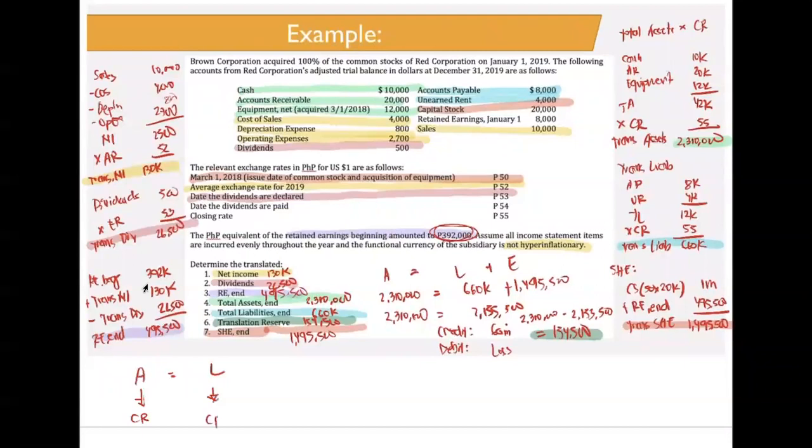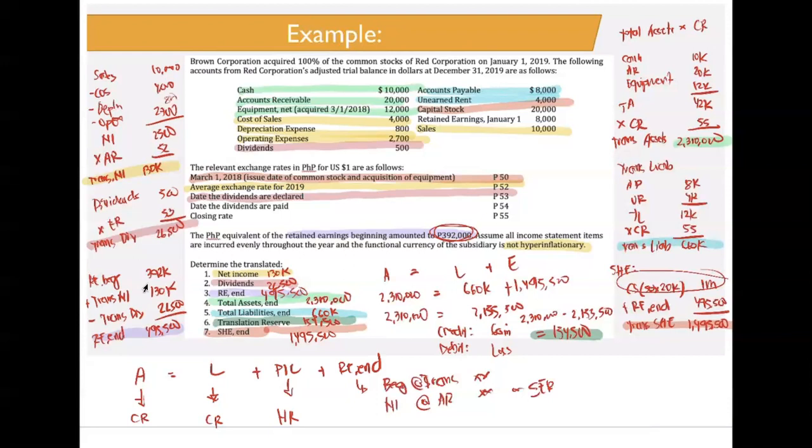Liabilities will be translated at closing rate, plus paid in capital, which will be translated at your historical rate, plus your retained earnings ending: your beginning as translated, your net income at average rate, or spot exchange rate if the rate on a particular date is known, and your dividends translated at the spot rate on the date of declaration.